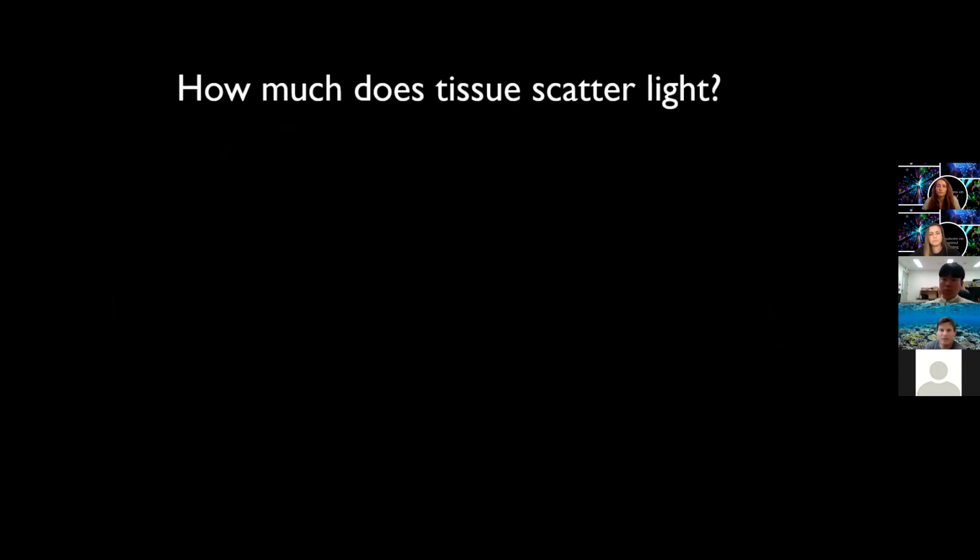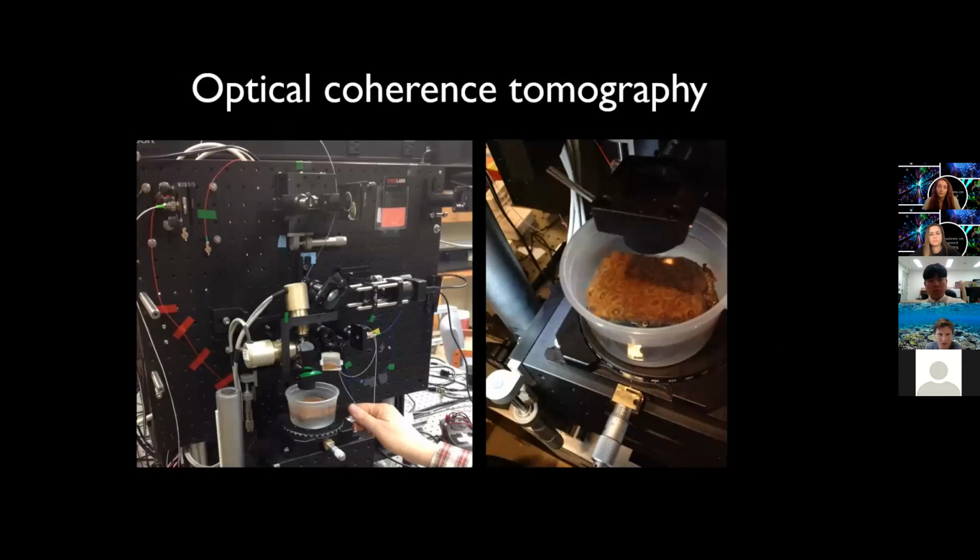So how much does tissue scatter light? To do this, there are of course various techniques to estimate the optical properties of soft tissues. What I had started to look into was to use optical coherence tomography, which is basically an optical analog to ultrasound.